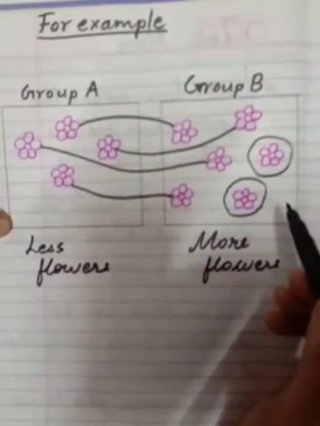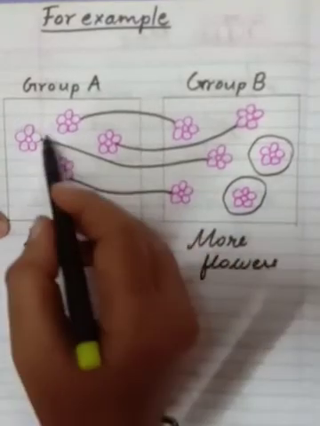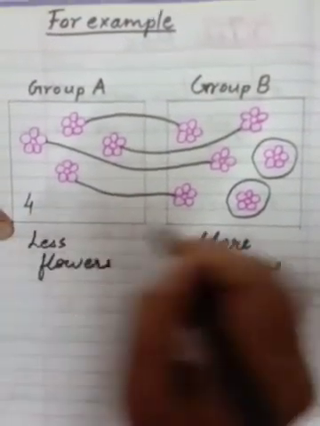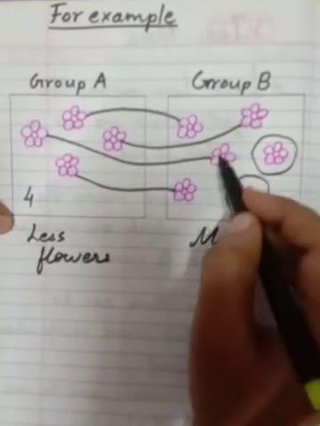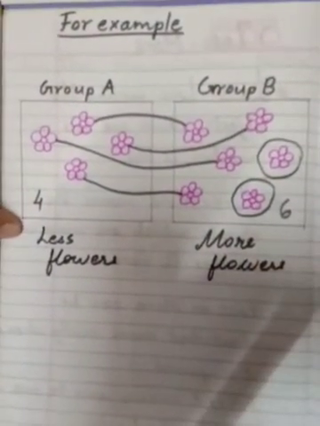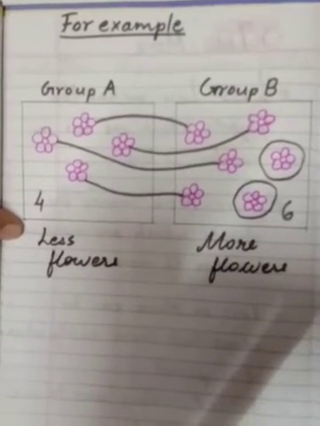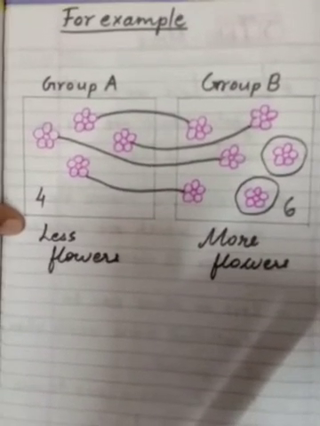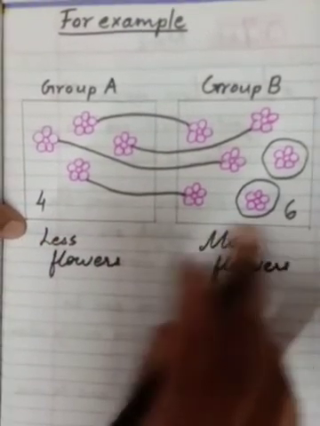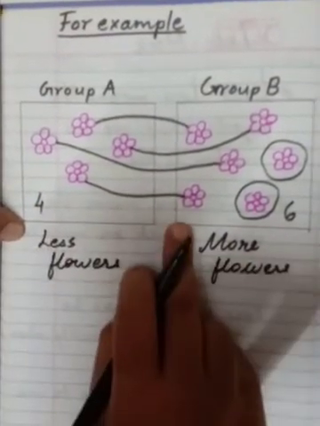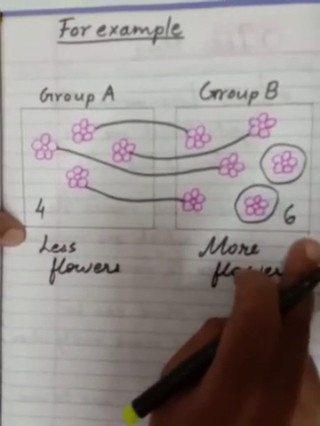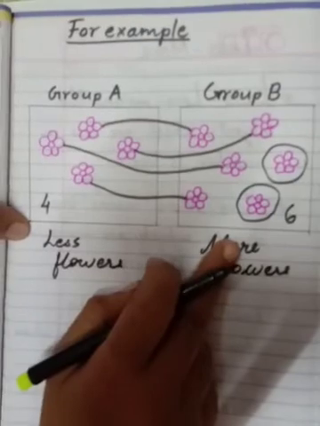If we are counting the flowers, 1, 2, 3, 4. These are 4. 1, 2, 3, 4, 5, 6. These are 6. Okay. So by counting also we come to know that 4 is less than 6, and 6 is more than 4. 6 flowers are more than 4 flowers.